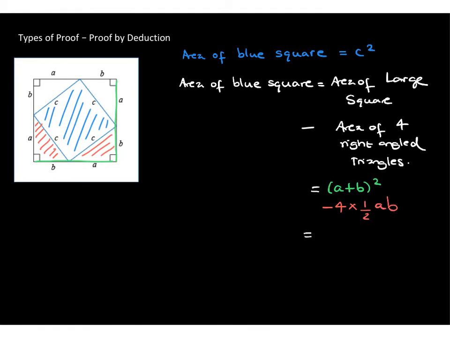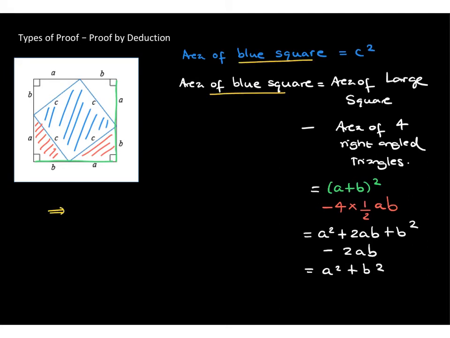So if we simplify this, this gives us a squared plus 2ab plus b squared minus 2ab, or a squared plus b squared. Now, both results give us the area of the blue square, so from here we can conclude that a squared plus b squared equals c squared.